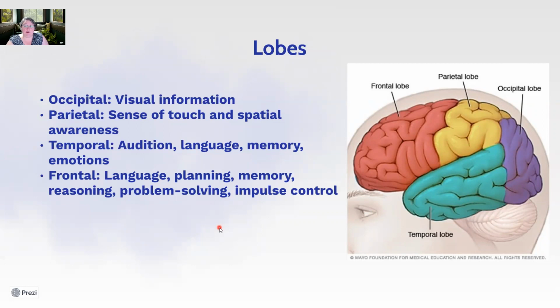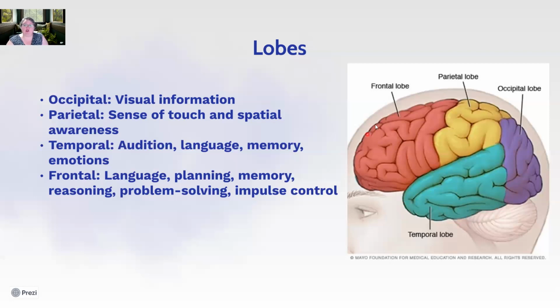The parietal lobe, which is indicated here in yellow, is associated with sense of touch and spatial awareness. And then here we have our temporal lobe, which is indicated in a teal or green color. The temporal lobe is associated with audition, language, memory, and emotions.